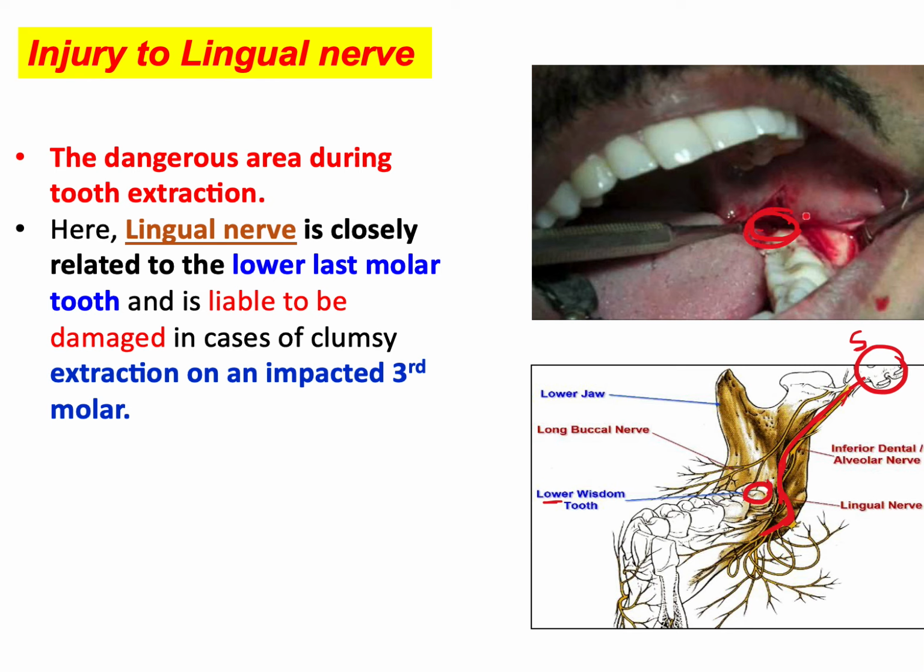So during the extraction, guys, there is a tendency to injure this nerve. It does happen, especially when there's a clumsy extraction of the third molar. So this is an important clinical point, especially for dentists.